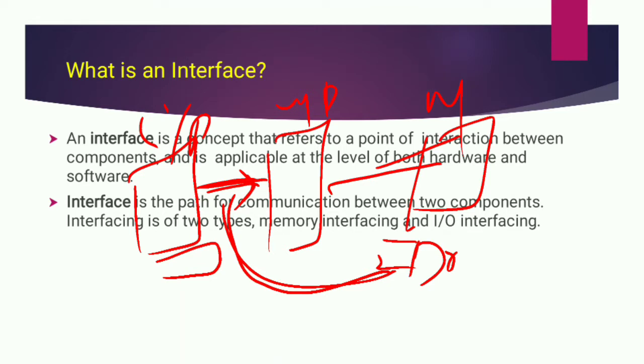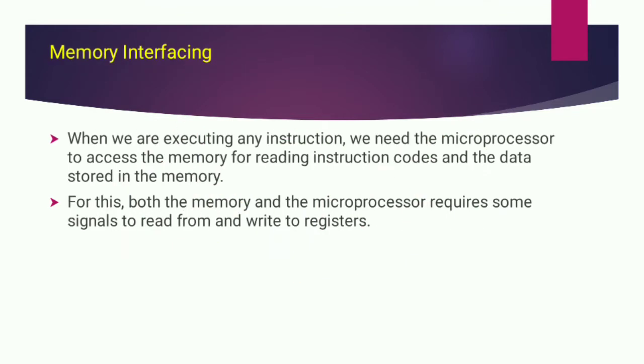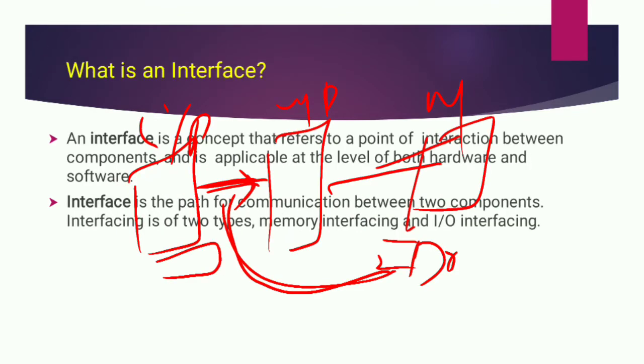Interfacing a microprocessor is to connect it with various peripherals to perform various operations to obtain a desired output. The interfacing process involves matching the memory requirement with the microprocessor signals.